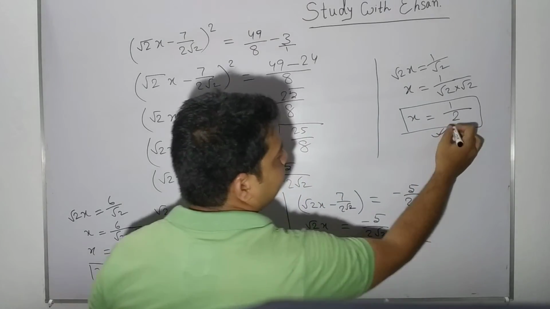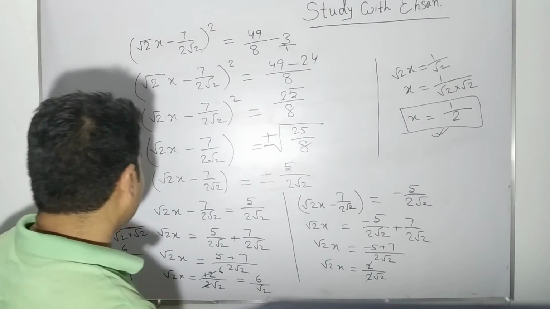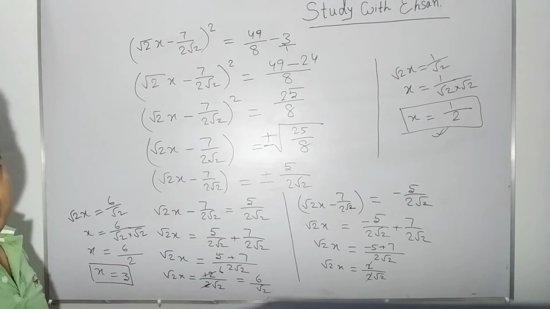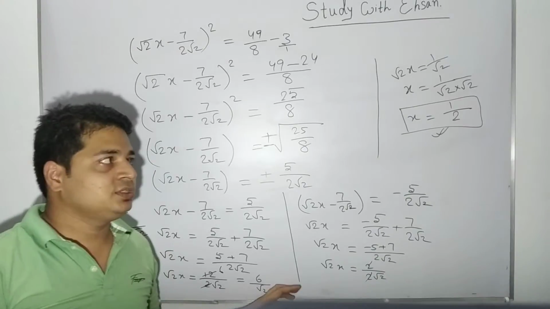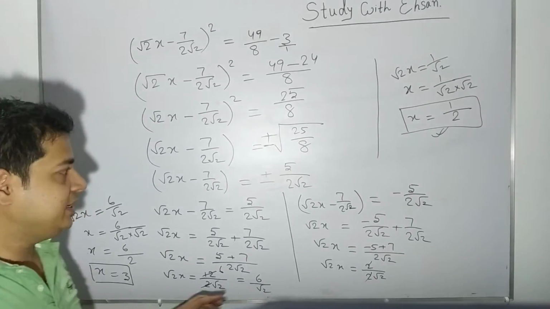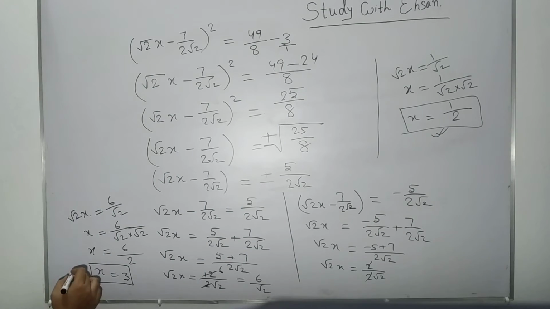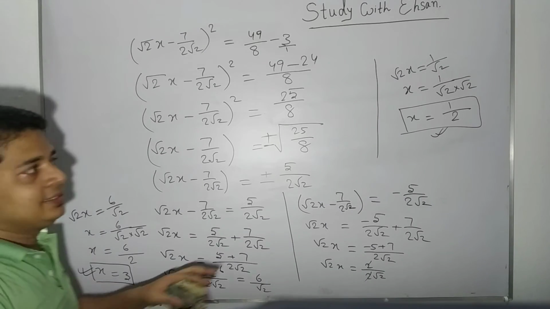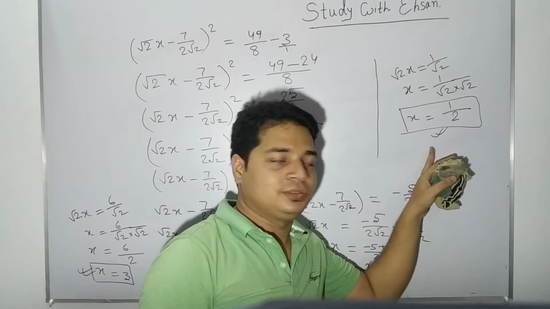Then this is the second value of x, and we know as the degree of the quadratic equation is 2, then after solving any quadratic equation by any method, we get two values of x, and we have already calculated these two values. The first value is 3 and the second value is 1 upon 2.